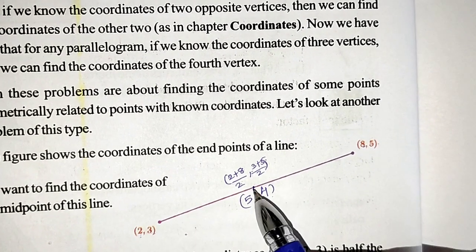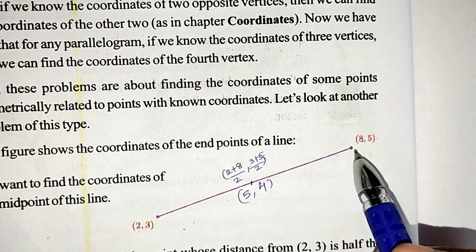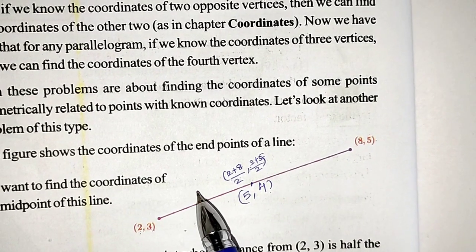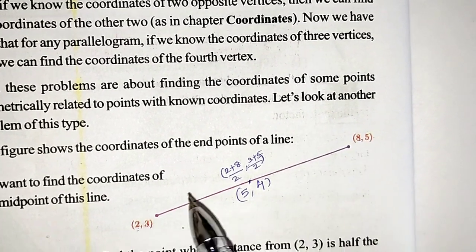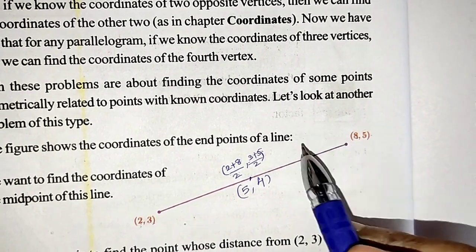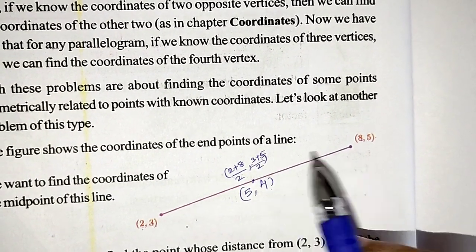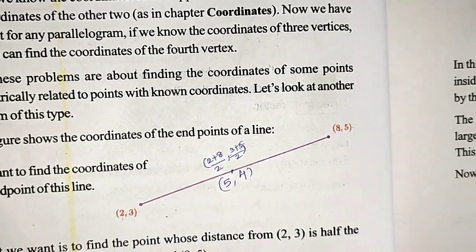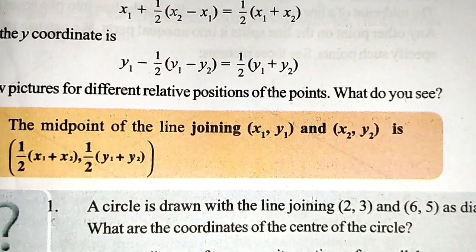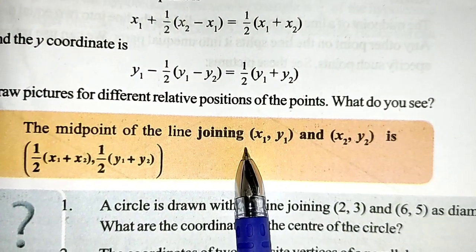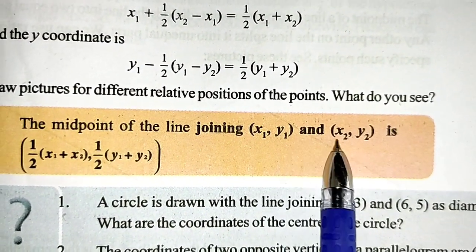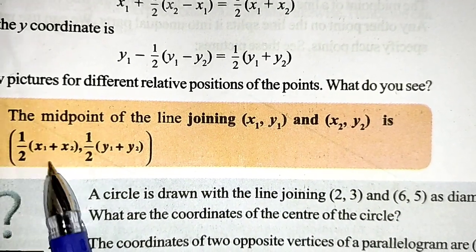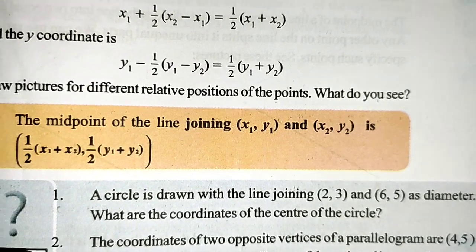So how do we calculate the midpoint of a line? The x coordinate of the midpoint is the average of the x coordinates of the endpoints, and the y coordinate of the midpoint is the average of the y coordinates of the endpoints. That is, the midpoint of the line joining x1 y1 and x2 y2 is x1 plus x2 by 2, comma, y1 plus y2 by 2.